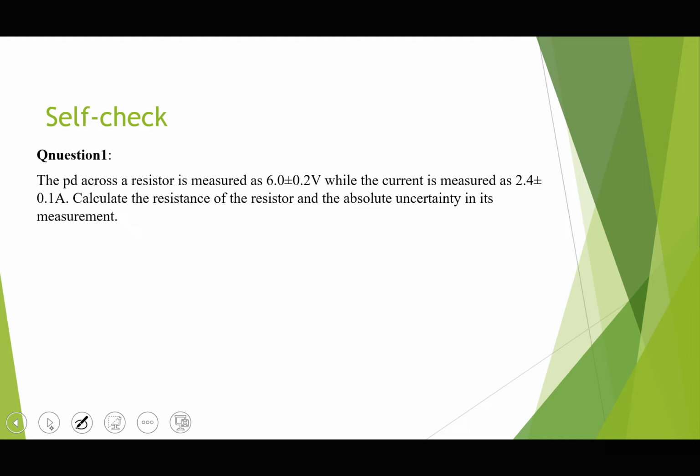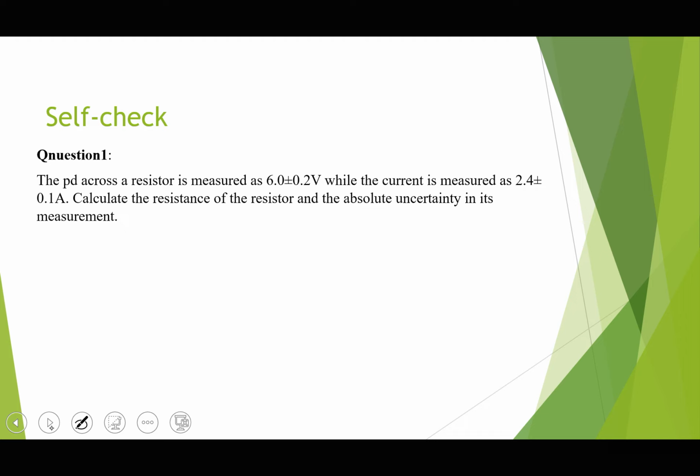Self-check. Here is a self-check question which I expect every student to try out. You are all attempting this self-check question if you have been following. Maybe just to give you a hint, this is using what we have just studied, that is, rule number 2, the product.